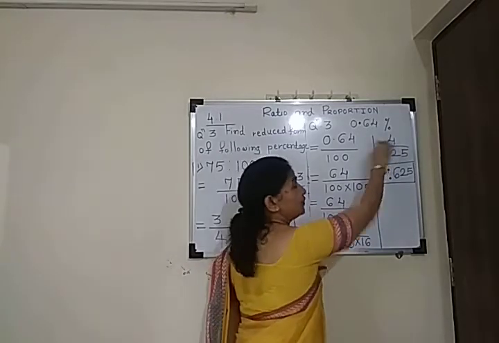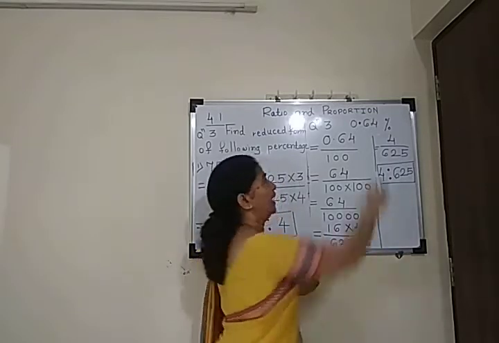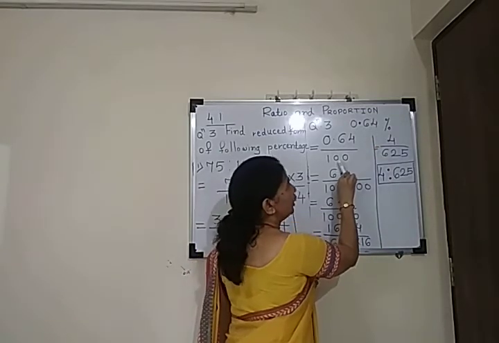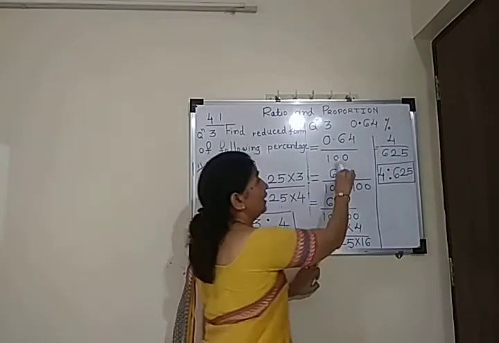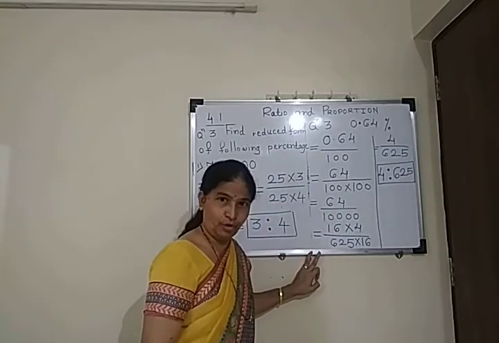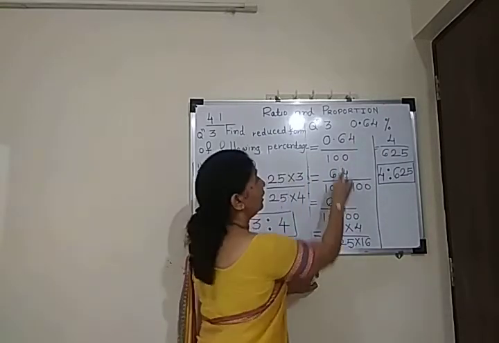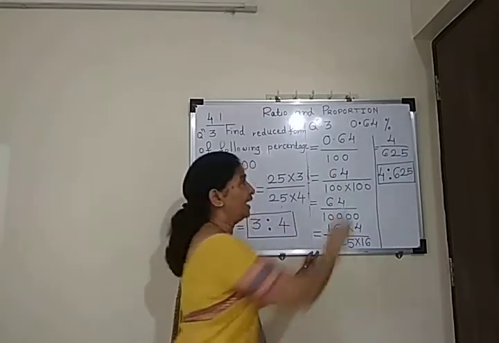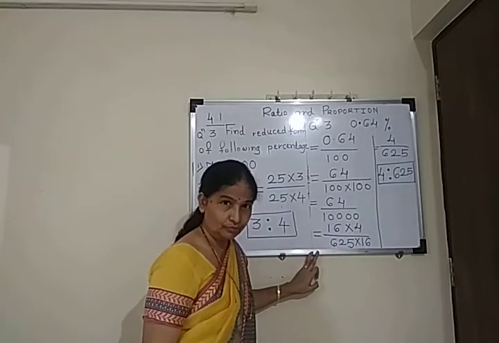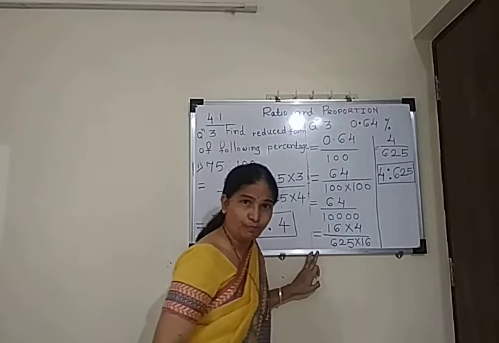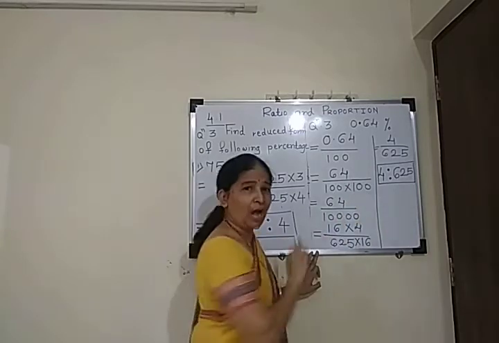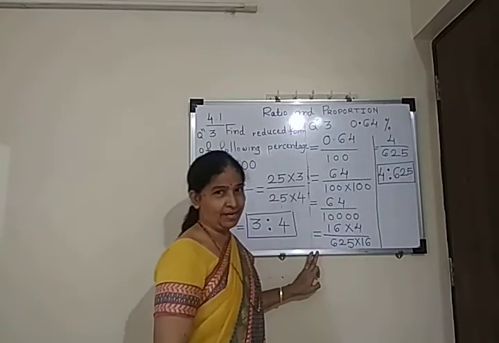This sign itself means percent. That means in the denominator we can write 100. So I wrote 0.64 upon 100. Now I want the reduced form, so I will try to simplify it.